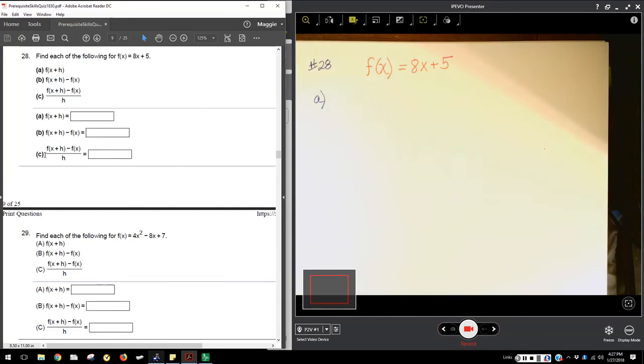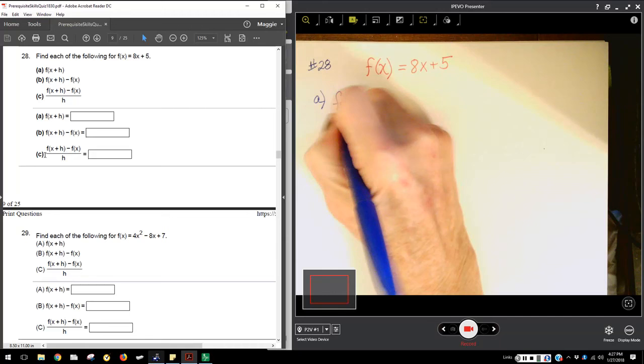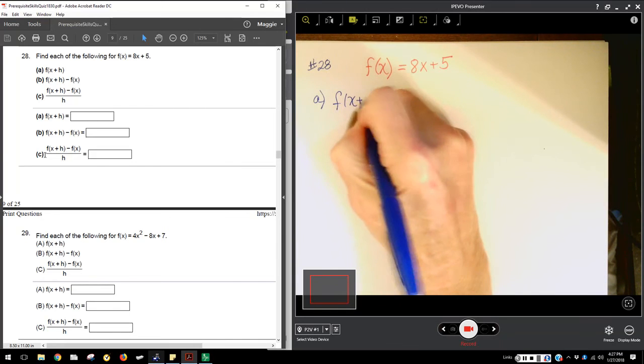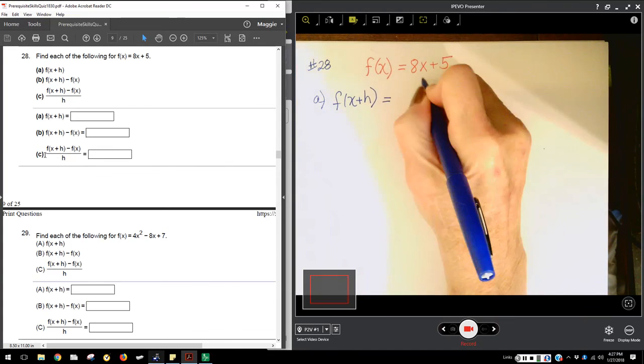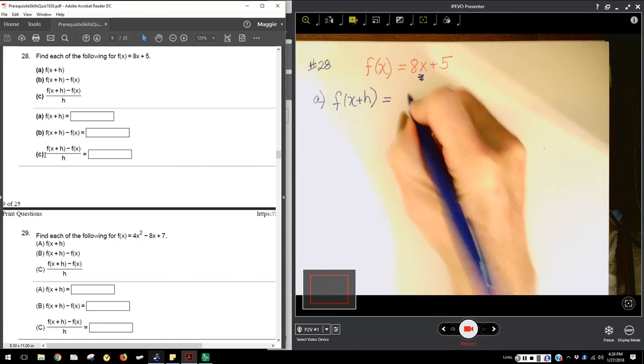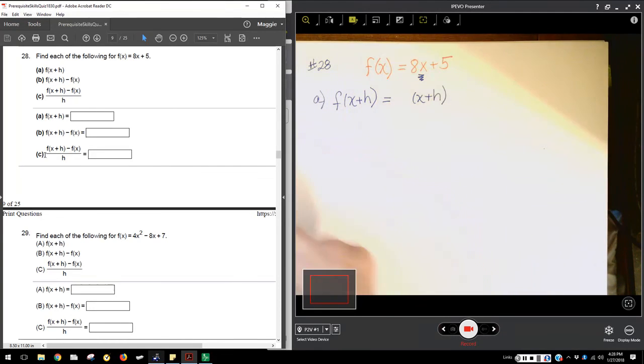So part A is step 1 of what we're going to call the 4-step process, but we're only doing the first 3 here. We're going to find f of x plus h, which means in place of the x, we're going to plug in x plus h.